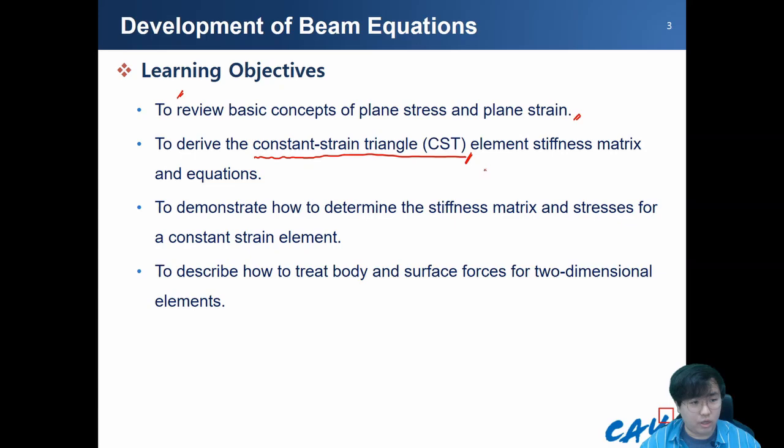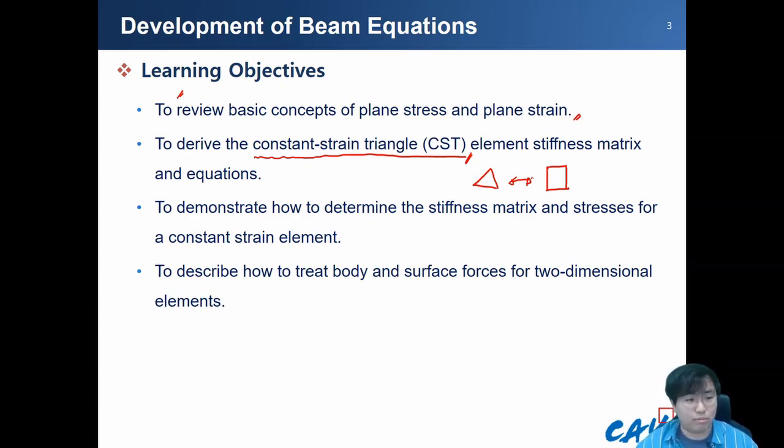The easiest way to define a simple element in two-dimensional space is the triangle, but compared to the triangle element, maybe the rectangular element is more powerful to obtain the numerical solution.